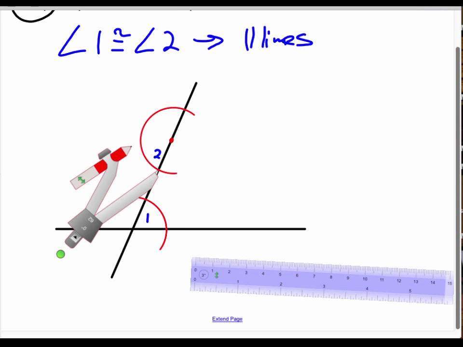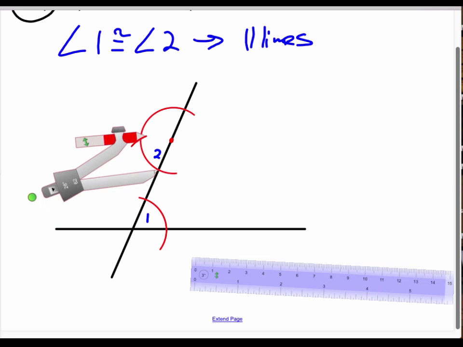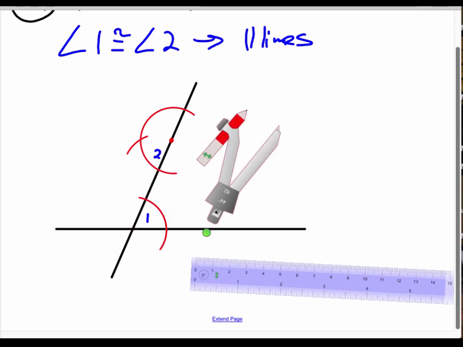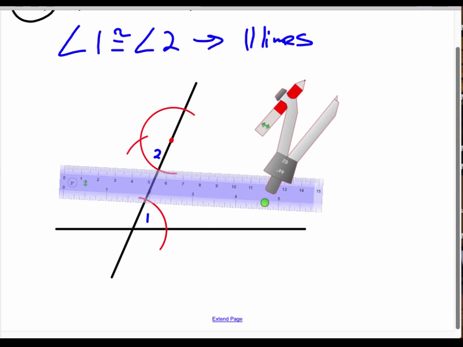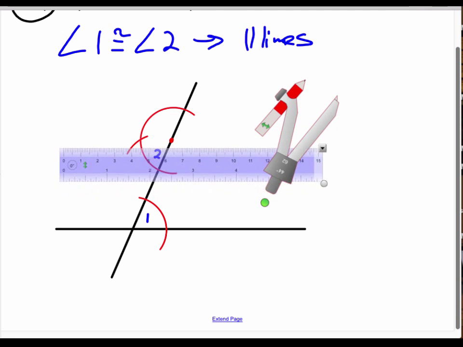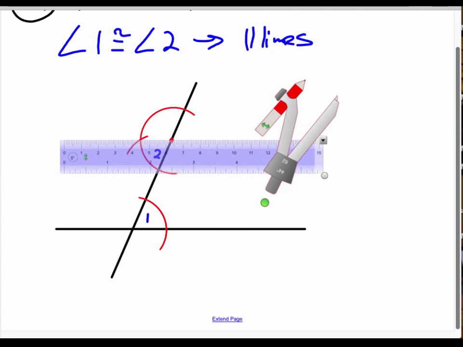Does that make sense? So now I'm going to make my little arc this way. I just draw it a little differently. Now I'm going to take my ruler and connect those two intersections.